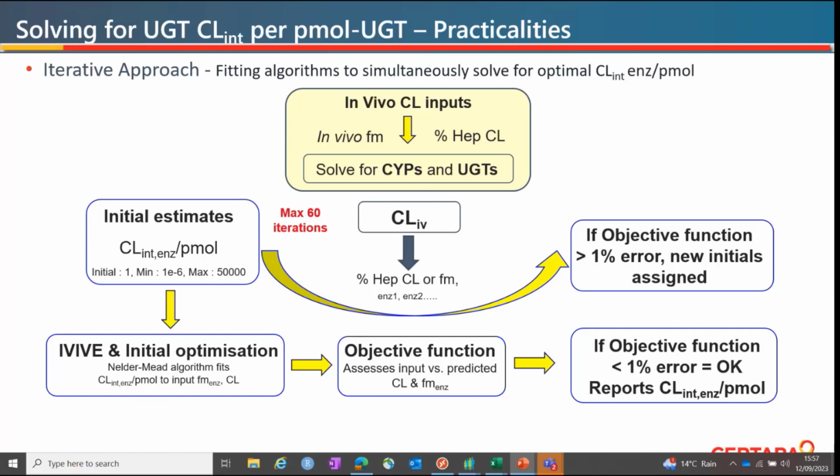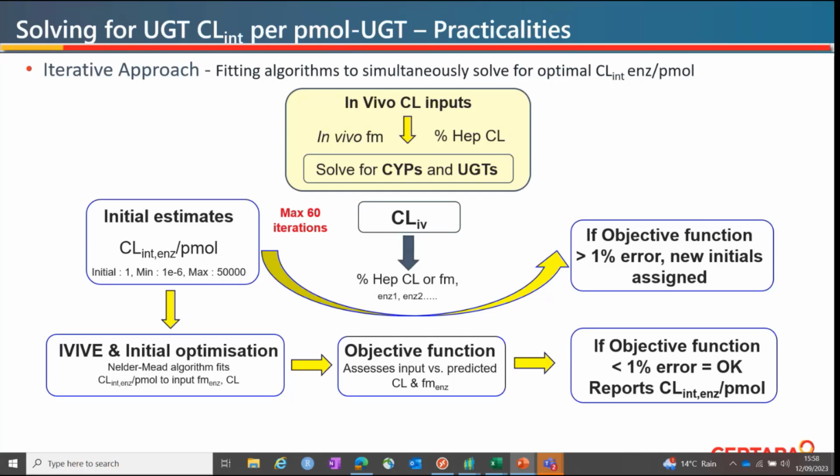So you've got UGTs in both the liver and the kidney for many of the isoforms. And so to reverse translate through the retrograde approach was very, very challenging to isolate the different contributions of those. So we chose a forward scaling approach utilizing essentially similar algorithms to optimize the parameters that you've got running through.